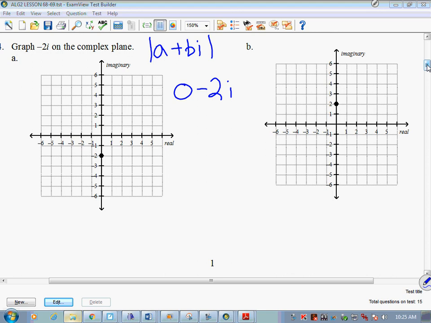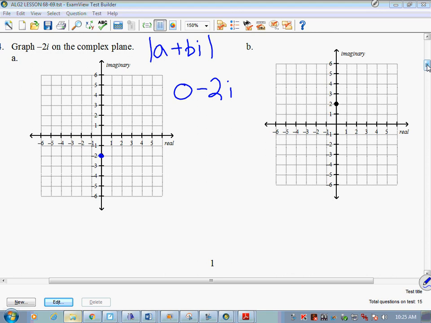I'm not going anywhere left or right, but where am I going up and down? If I don't have an a, what is my b? Negative 2. So I'm going to go from the origin down how far? 2.